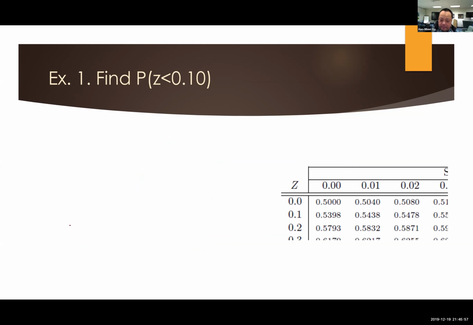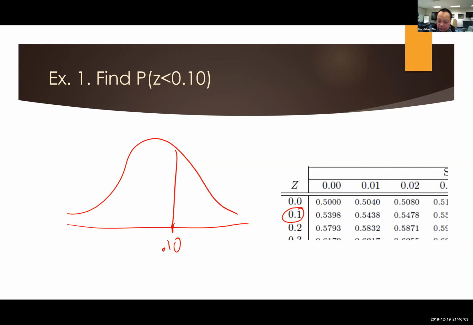And so 0.10 is on the edge. So we're also looking for 0.10 on the edge, and the answer is 0.5398. 0.5398 is the area to the left. It also helps that if it turns out that you're looking for the area to the right, then you'll know that you're supposed to take 1 minus this. But this problem is looking for z being less than 0.10, so it is the area to the left.